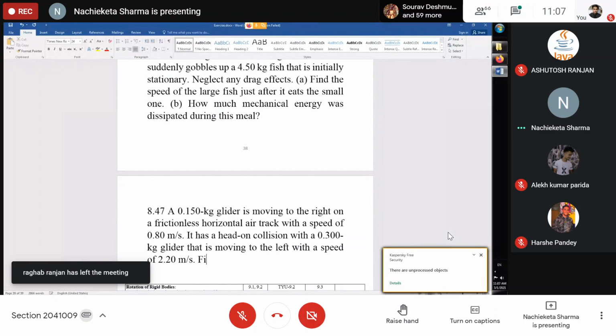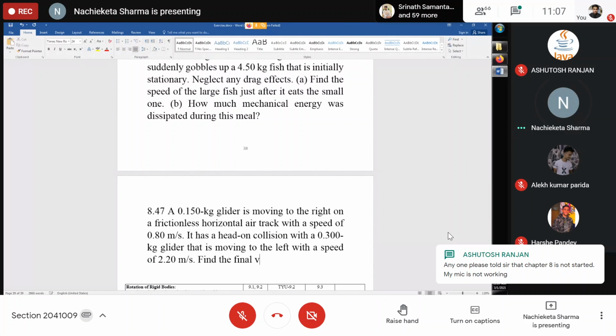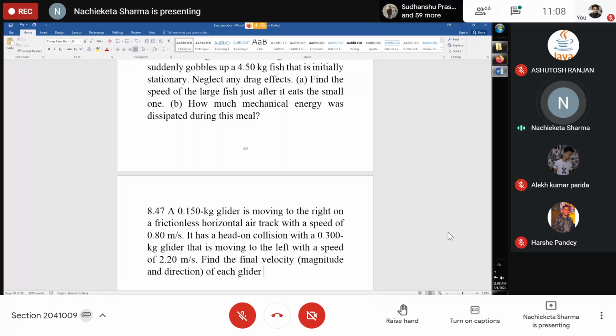Find the final velocity, magnitude and direction of each glider if the collision is elastic.